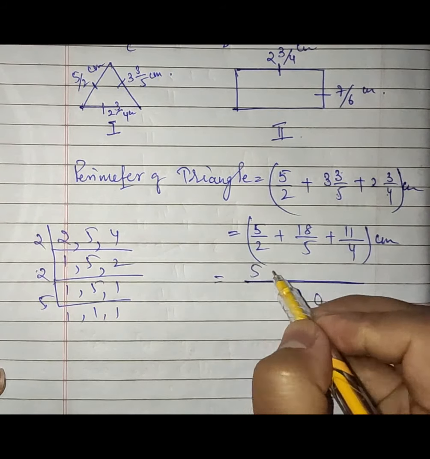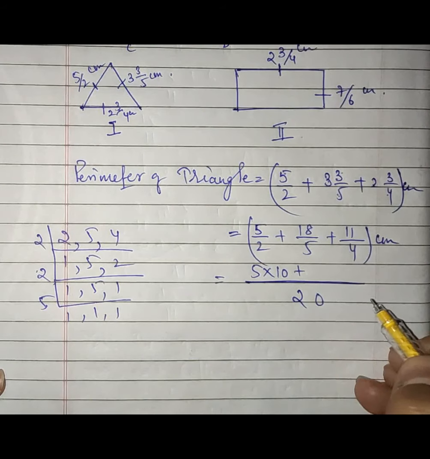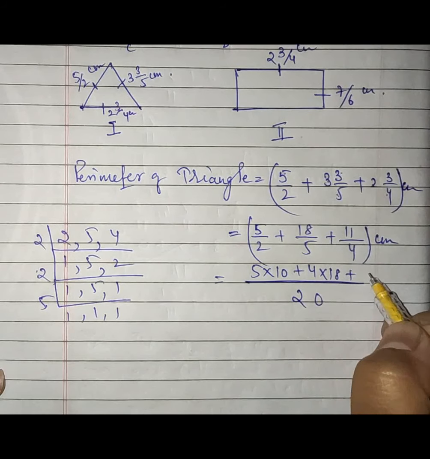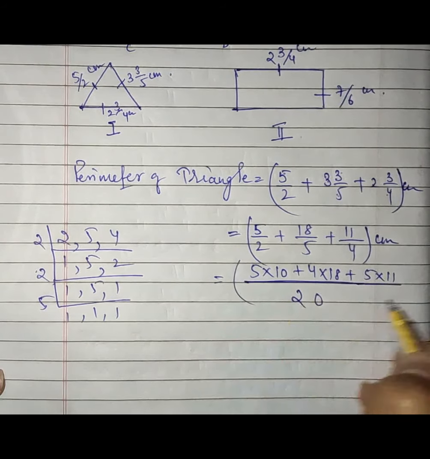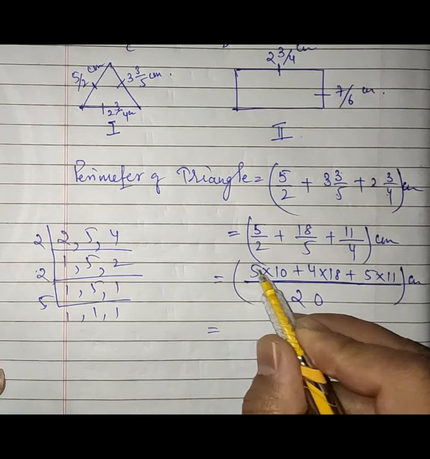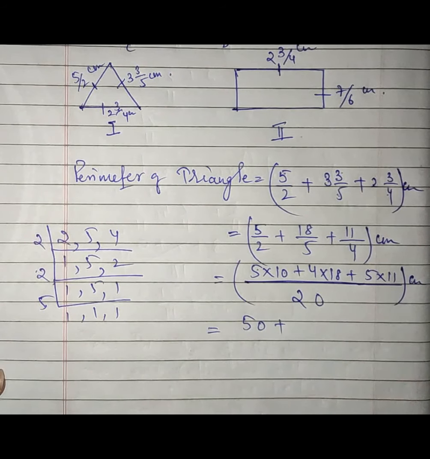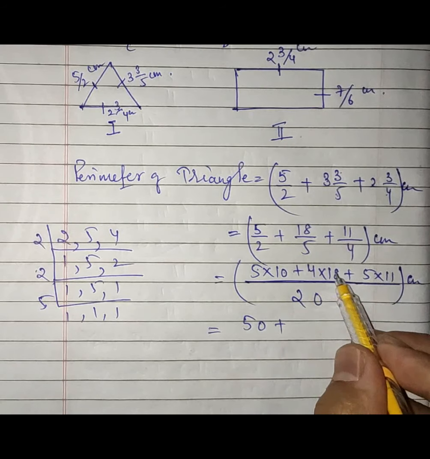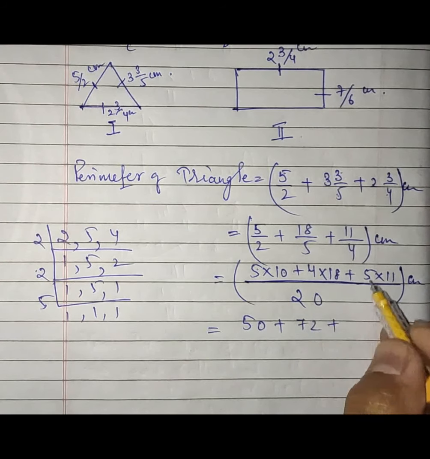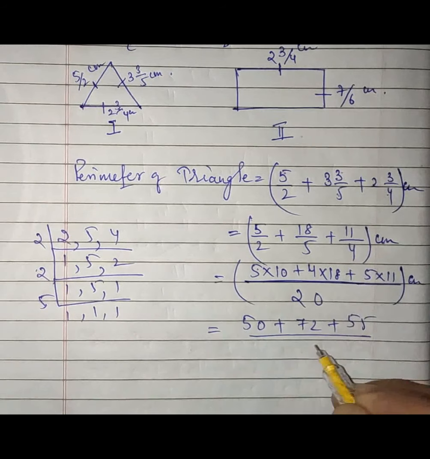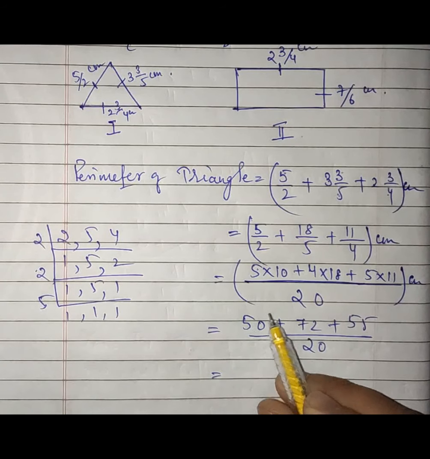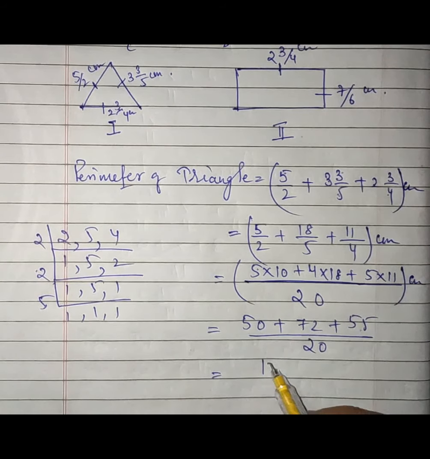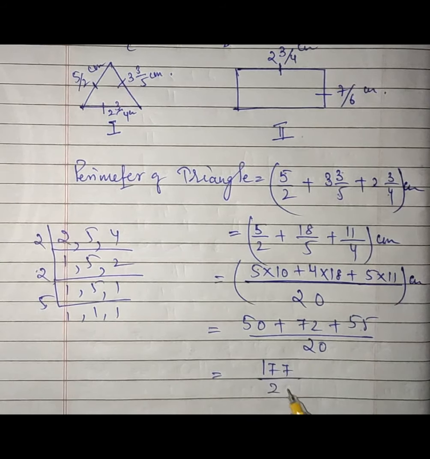It is 10, and 5 into 10, plus 5 4s are 20, 4 into 18, plus 4 5s are 20, 5 into 11. All right. So 5 10s are 50, and 4 into 18 is 72, plus 5 into 11, 55, by 20. So 50 plus 72 plus 55 is 177 by 20.